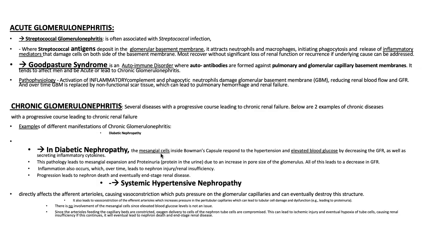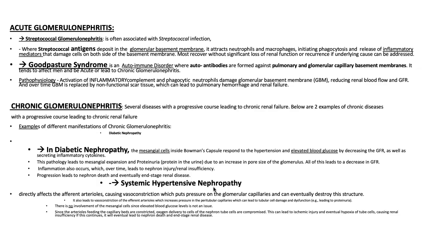with loss of function. On the other hand, systemic hypertensive nephropathy has to do with the long-term vasoconstriction of the arterioles. And that means that the arterioles, like the afferent arteriole that's feeding the cells of Bowman's capsule, over a period of time become hypoxic because they don't get enough oxygen and nutrients to do their job.